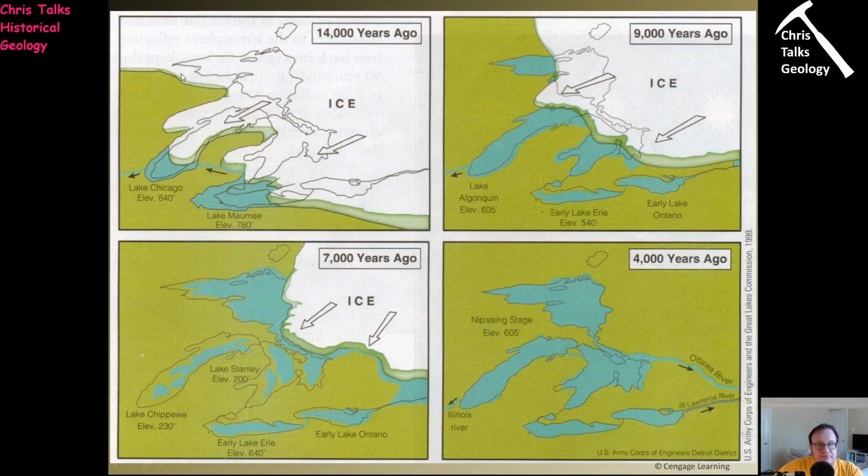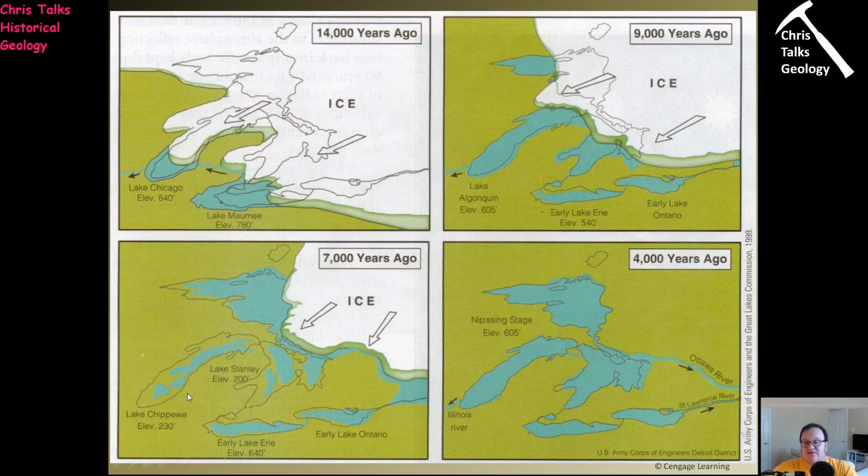So around 9,000 years ago, the glaciers are in full retreat, and the ice water is filling the depression produced. 7,000 years ago, there is going to be some isostatic rebound, which is going to affect the lakes. So we can see that some of the water is moving around in those lakes. Some lakes are losing a lot of water, some lakes not quite so much.